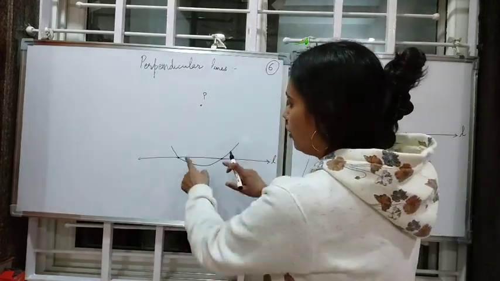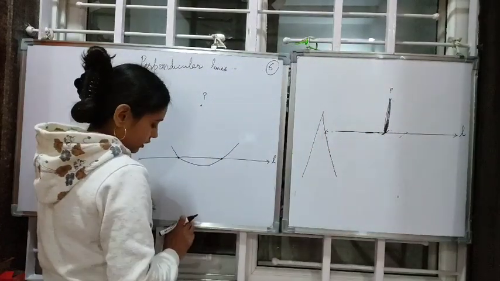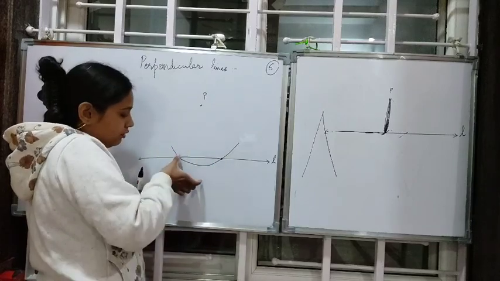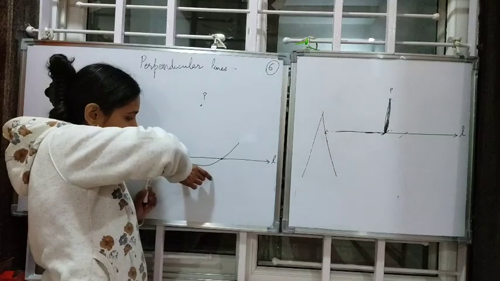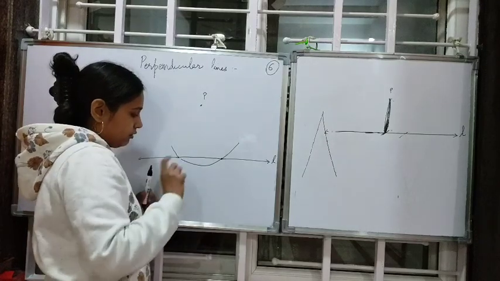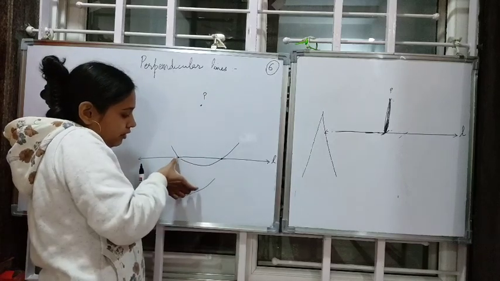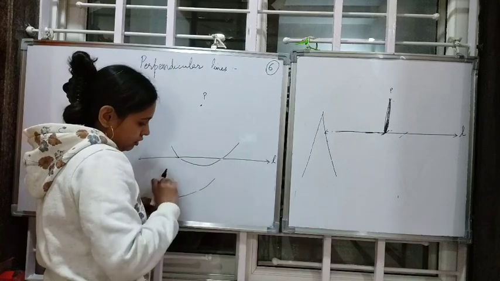Now from here you draw 2 more arcs on this side. Suppose this is your compass, draw an arc like this, and with the same radius draw another arc like this.